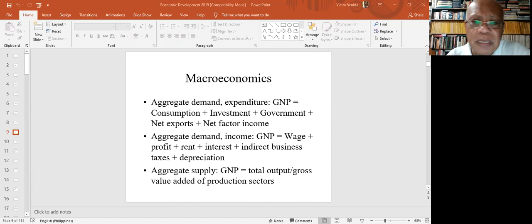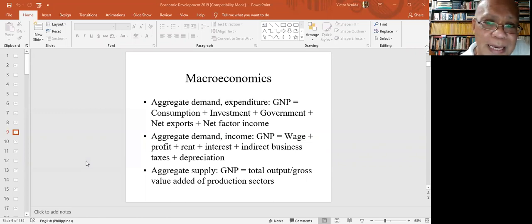Now, in theory, from macroeconomics, the aggregate demand is always equal to aggregate supply. Aggregate demand refers to the demand for all goods and services. Aggregate supply refers to the supply of all goods and services, and they're always equal because the total goods being purchased should equal the total goods being produced.